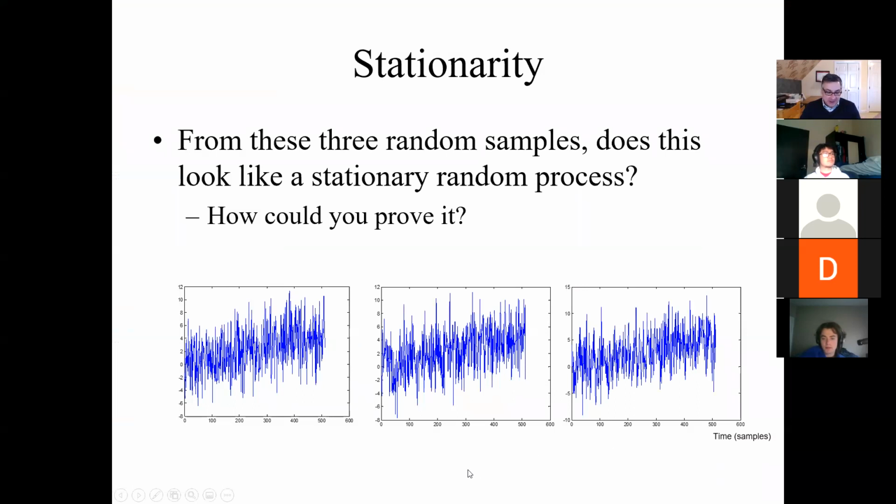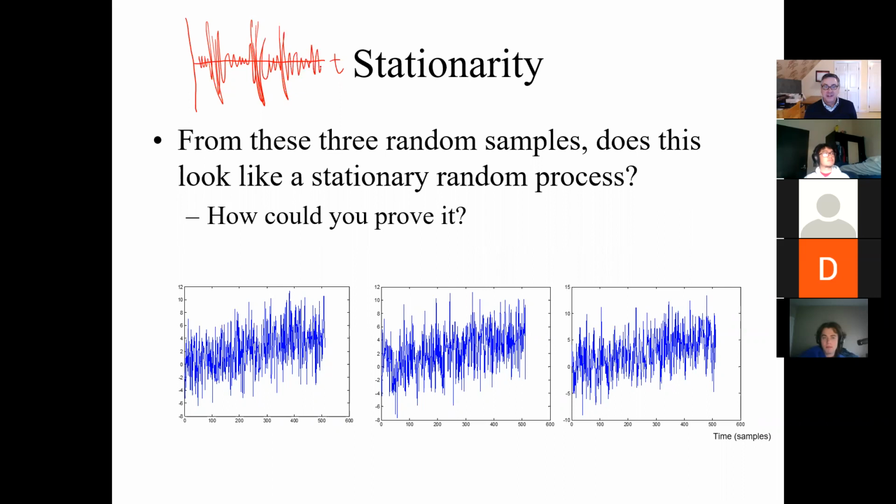We could also have a random process where the mean was constant. Let's say we had one that behaved like this: constant mean, but the variance changes with time. We get these bursts of noise.